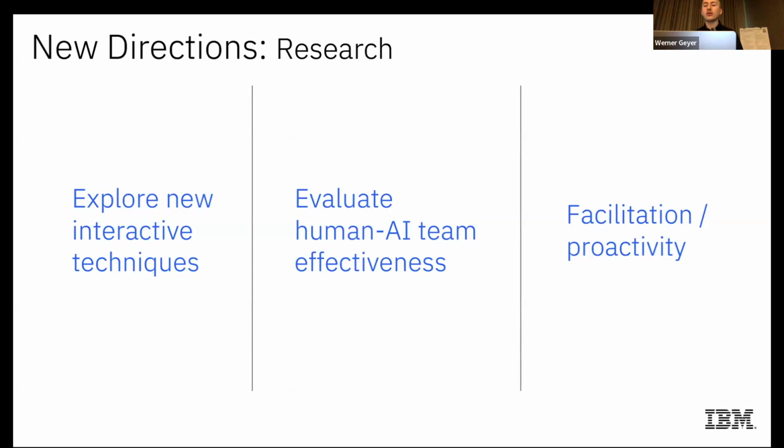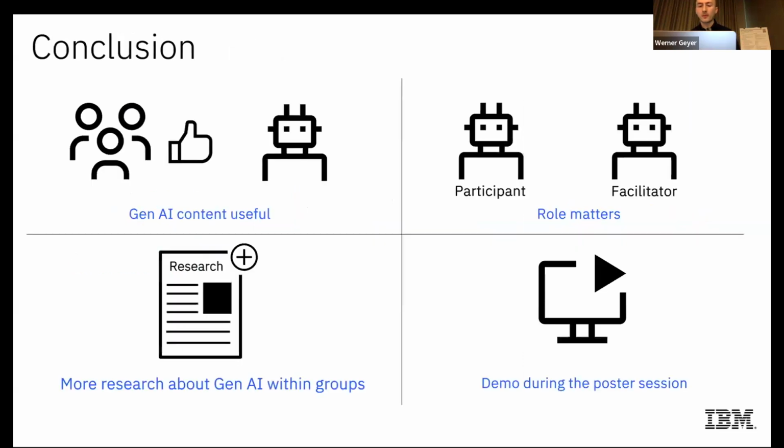Also, we need to measure how the AI is increasing the productivity in the teams. And finally, we need to explore the proactive role of the AI, because in our prototype, the role of the AI is reactive, and we can interact with the AI only reactively. So we need to explore the proactive version.